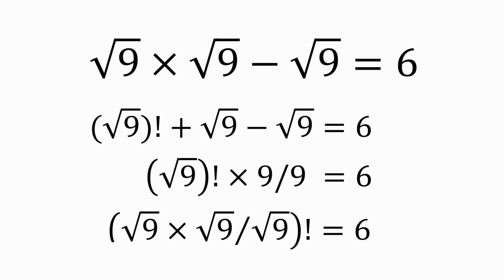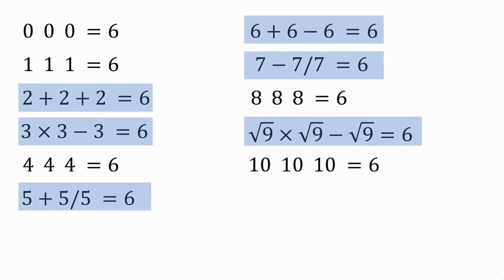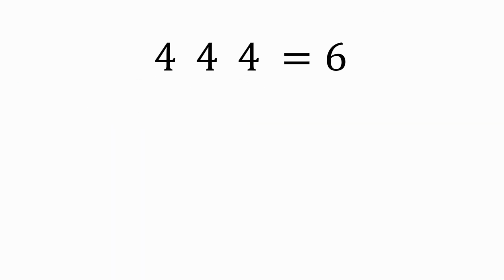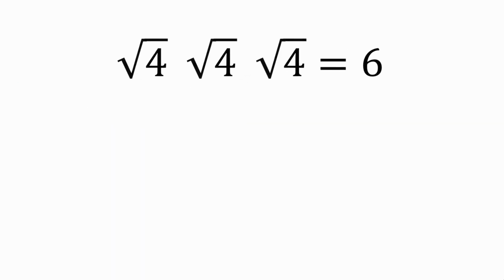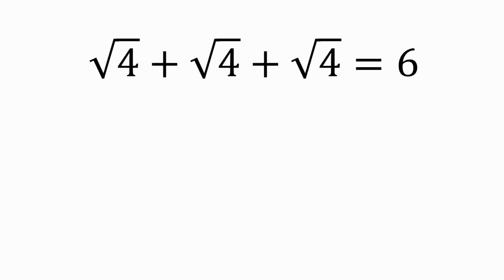But if you don't want to do that, you can also do the quantity 4 minus 4 over 4. And we take the factorial of that quantity. We can also do the square root of 4 plus 4 over 4. We take that entire quantity and then take the factorial of that, and that's also equal to 6. So for presentation purposes let's just take this first equation.